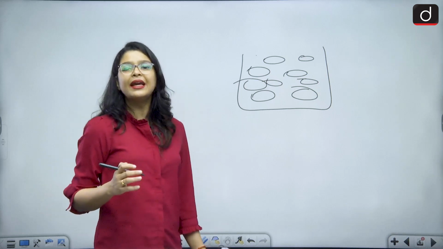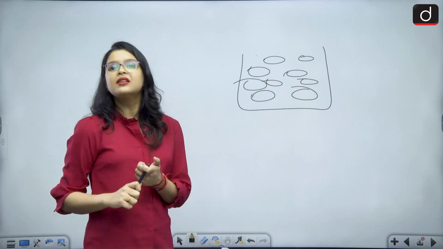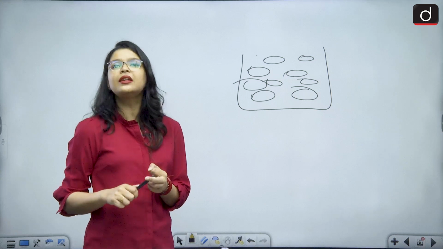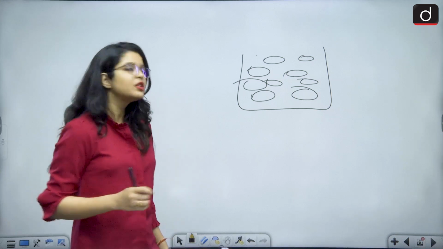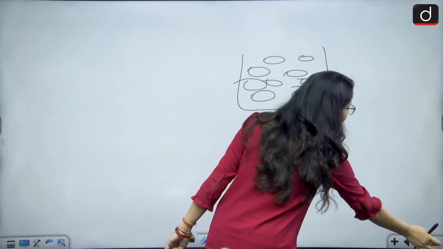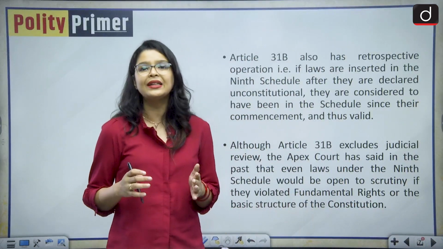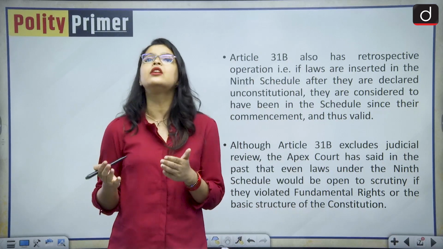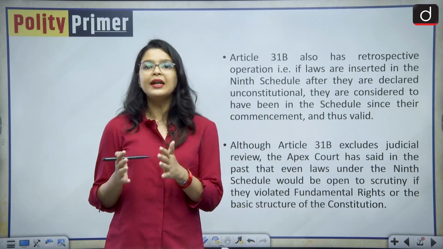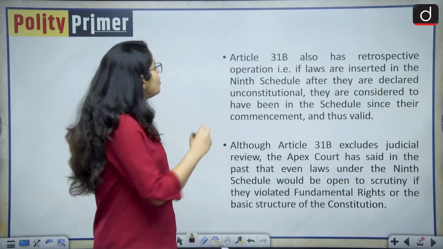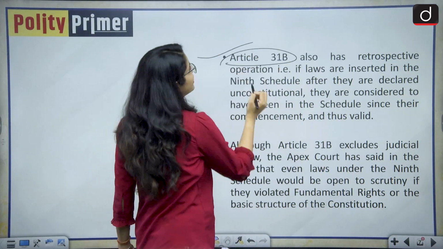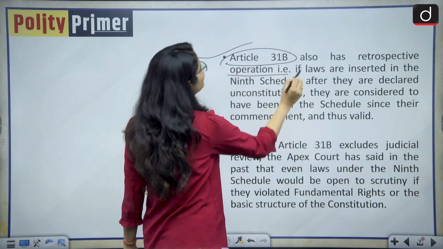But let us examine the 3 articles, that is Article 31A, 31B and 31C. These were inserted by the first Constitutional Amendment Act, and they helped the government in conducting the land reforms. Article 31B specifically also has a retrospective operation.